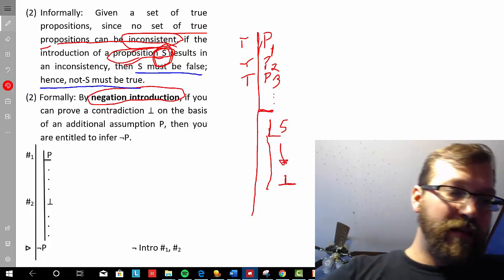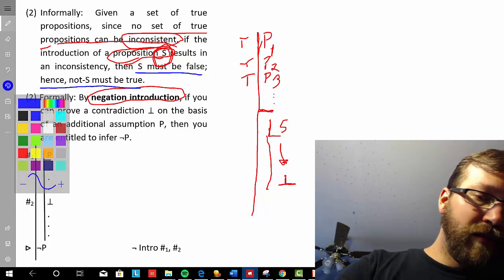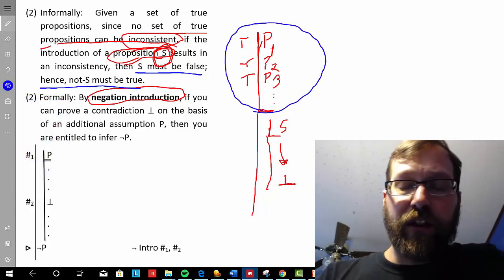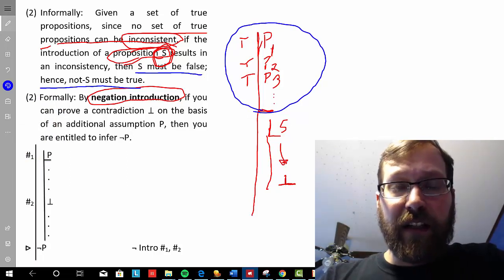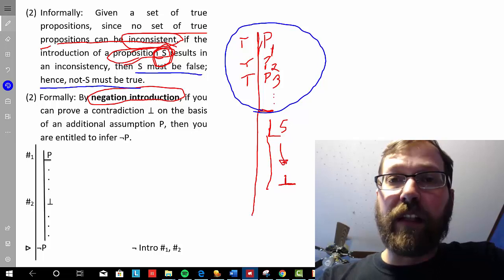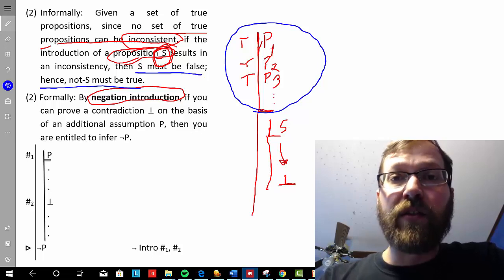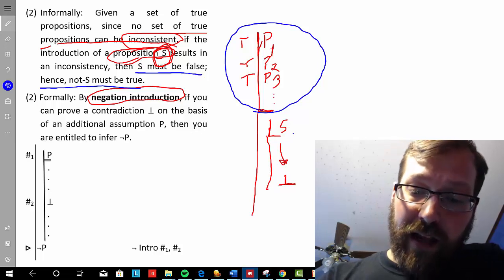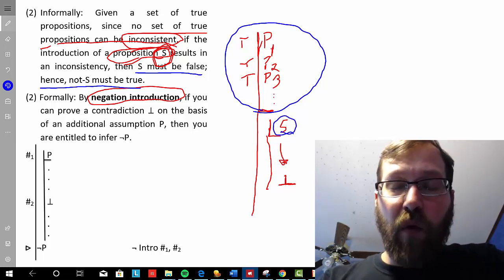It can't be any of these premises that cause that contradiction, because we said that they're consistent and we accepted them, for the purpose of testing for validity, as all being true. That leaves only S as being what caused the inconsistency.